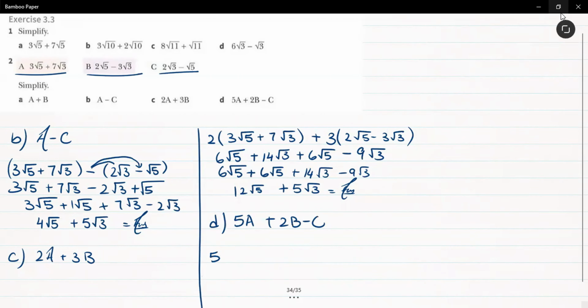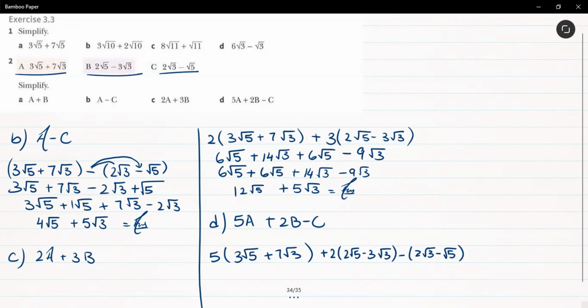So we'll first do the same thing we have been doing before. 5 multiplied by the statement of A, 3 under root 5 plus 7 under root 3, plus 2 multiplied by the B statement, 2 under root 5 minus 3 under root 3, minus, now copy down the C statement, 2 under root 3 minus under root 5.